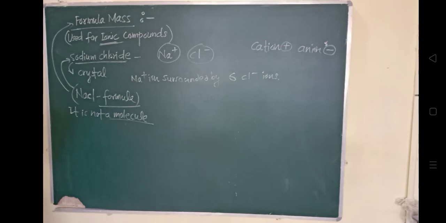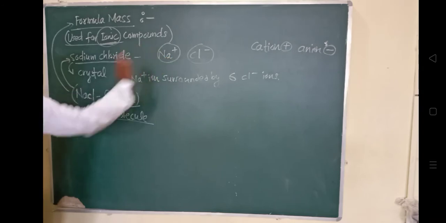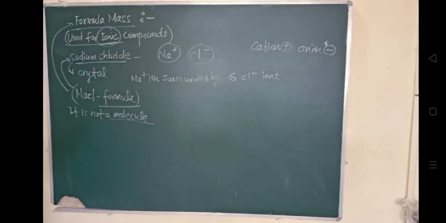So this formula mass is used for ionic compounds, which form cations and anions. The formula mass of a substance is the sum of the atomic masses of the atoms present in the formula.